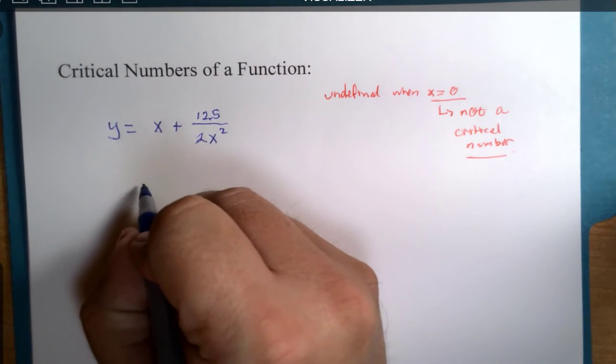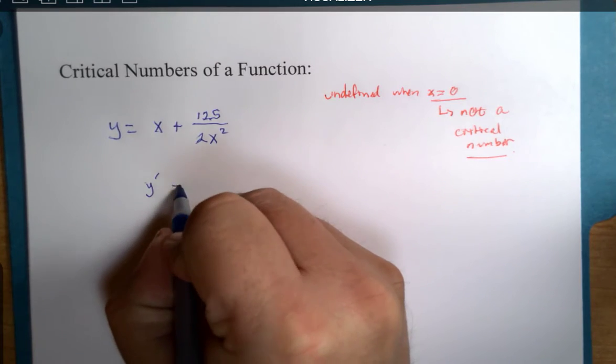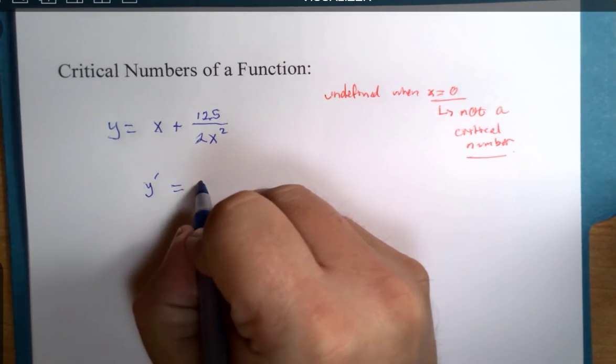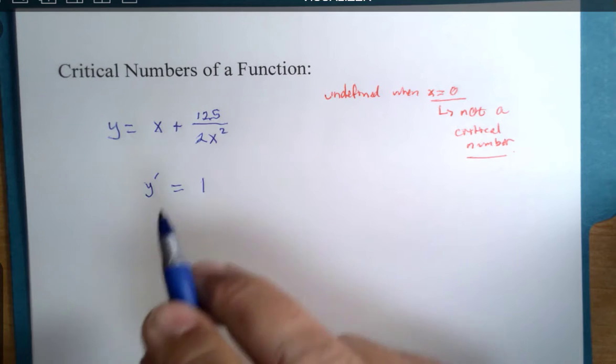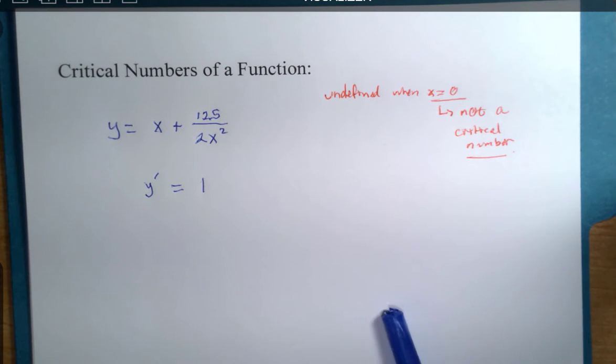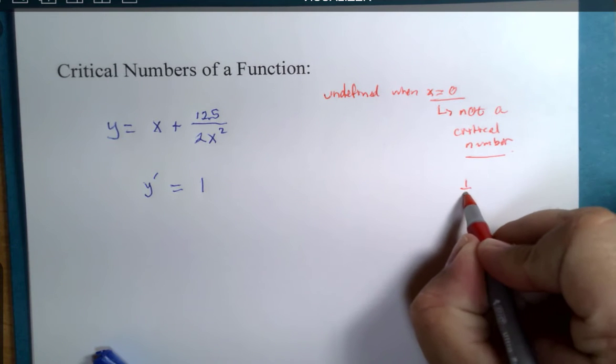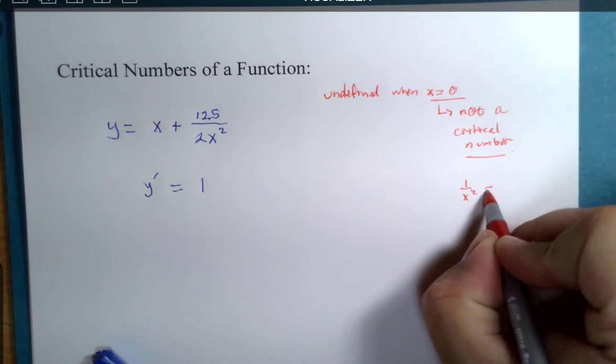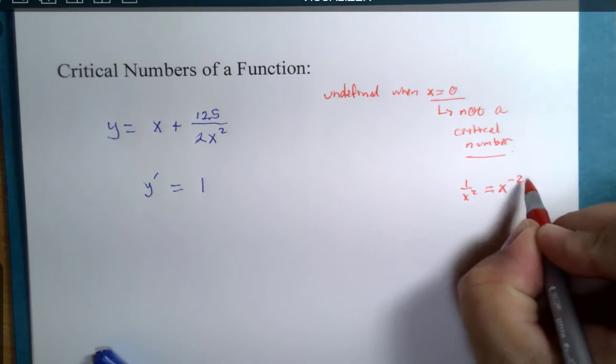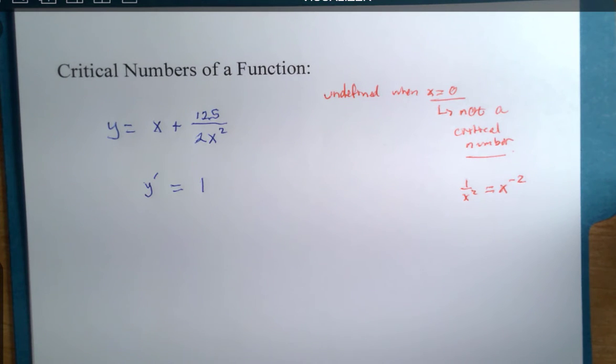So let's take a derivative. The derivative of x is 1, and I could just remind us off to the side here that 1 over x squared is equivalent to x to the negative second power. Then I can apply our power rule to this problem.